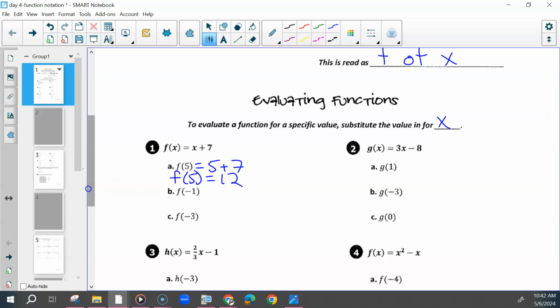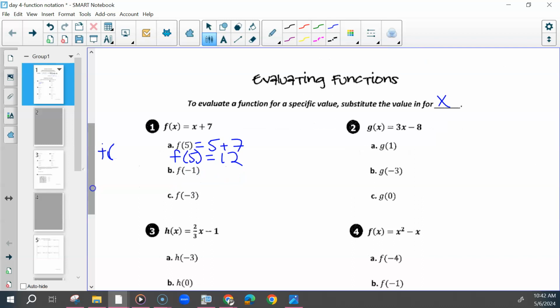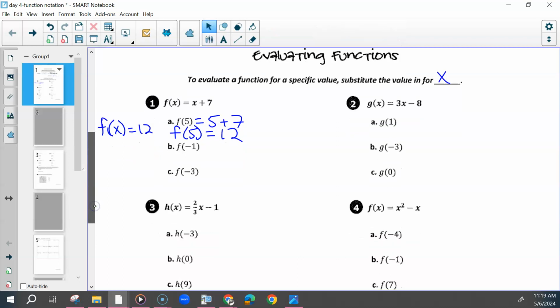You can write the final answer one of two ways, like this, or just f of x equals 12. One way is saying when x is 5, y is 12. The other is just saying y is 12. But either way, it doesn't matter.